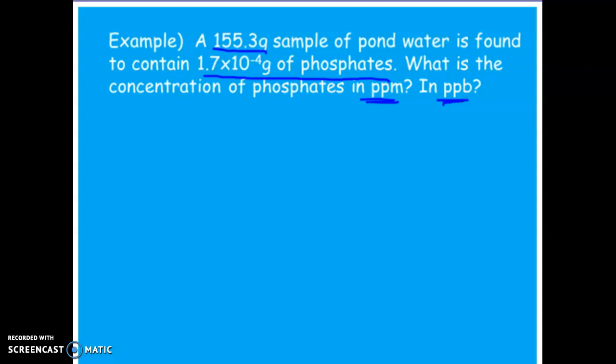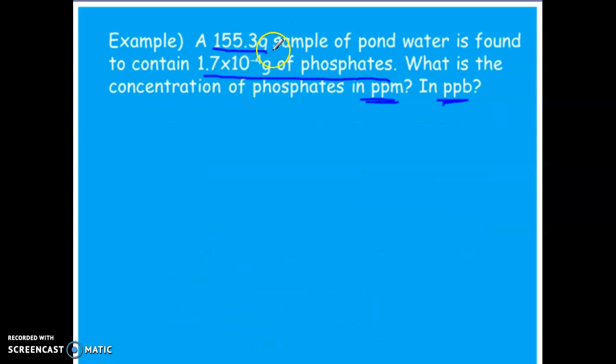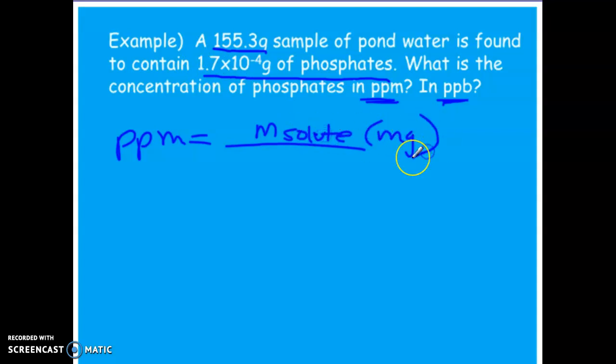Okay, so remember the key to all this is the units. So we're dealing with either milligrams per liter or milligrams per kilogram. So in this case, because we have a mass of our solute, the parts per million that we're going to be looking at here is going to be the mass of the solute in milligrams over the mass of the solution in kilograms, right?